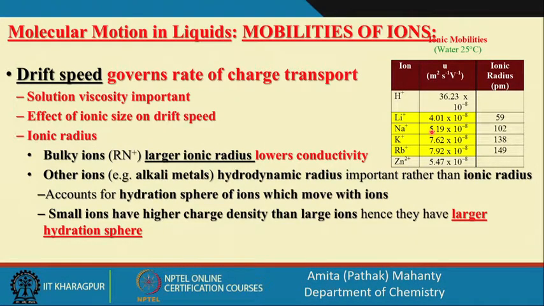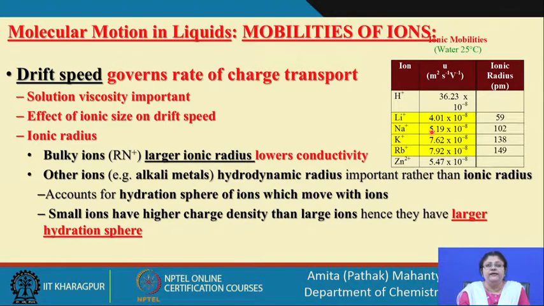This hydrodynamic sphere of ions moves with the ion when it is moving through the solution. Smaller ions have higher charge density than the larger ions, and hence a larger hydrated sphere, and hence a higher solvated radius.